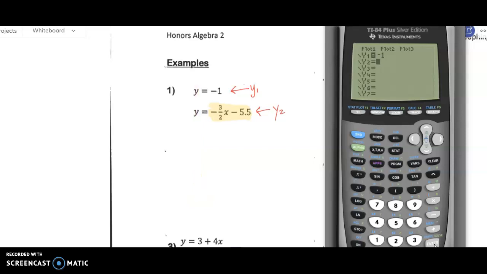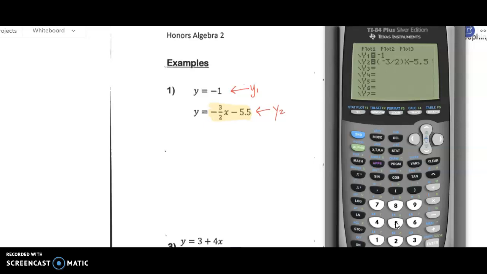So I'm going to go ahead and type this in. Parentheses, negative 3 divided by 2 is how I represent my fraction. The newer calculators, I think, show you more in a fraction format. And then minus 5.5. So you can see on my screen that I've typed my 2 equations in.